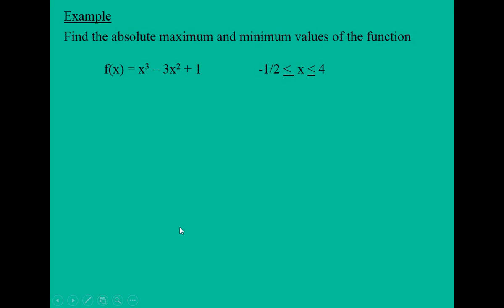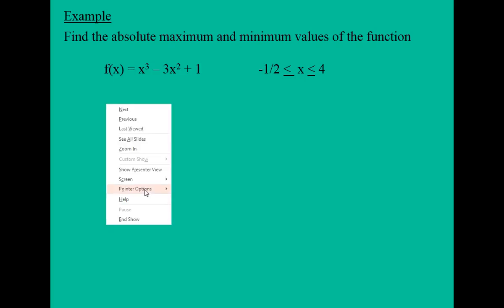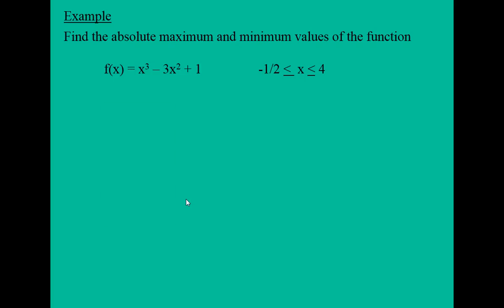Find the absolute maximum and minimum values of this function. Now we're looking at the interval -1/2 to 4. So the process, we're going to find where f prime of x equals 0, and we're going to see if there's any place that the derivative does not exist. So first of all, f prime of x would give us 3x squared minus 6x.